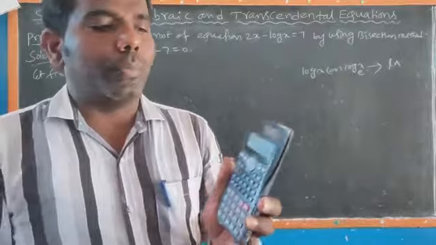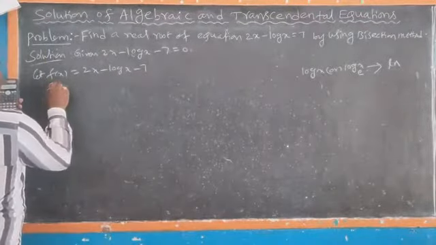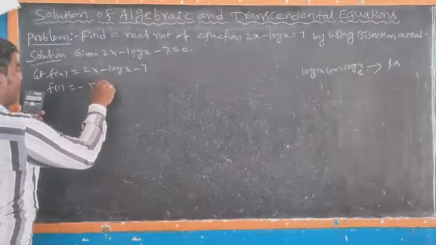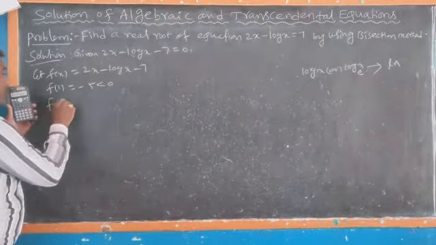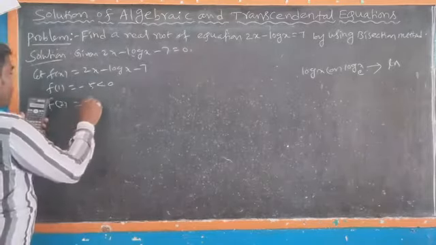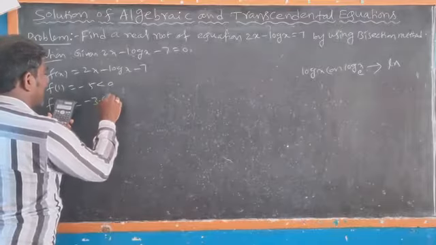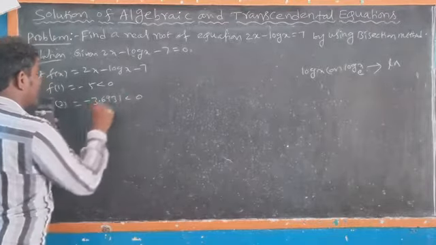First x equal to 1. Then f of 1 is minus 5, less than 0. Next f of 2 is minus 3.6931, also less than 0.